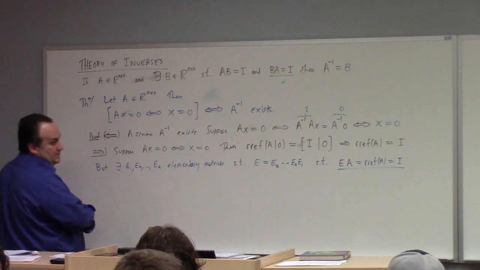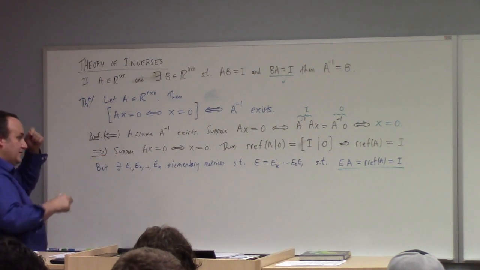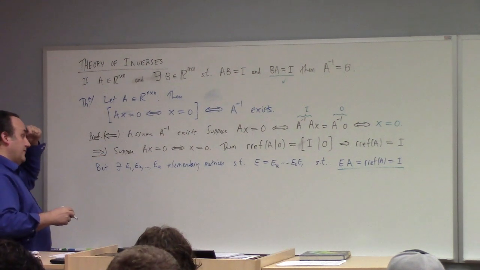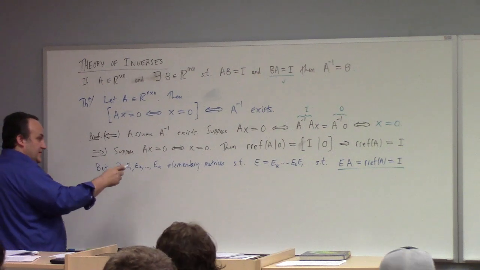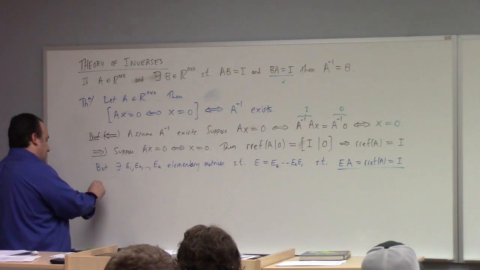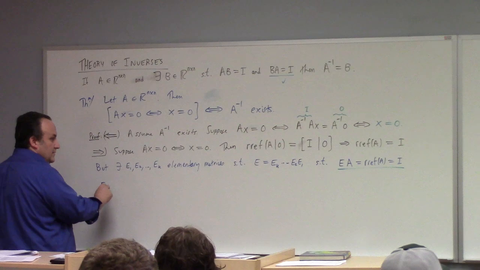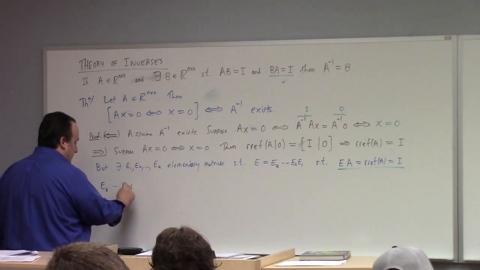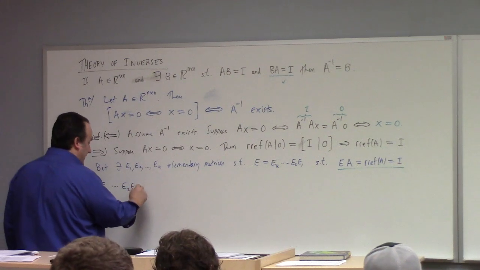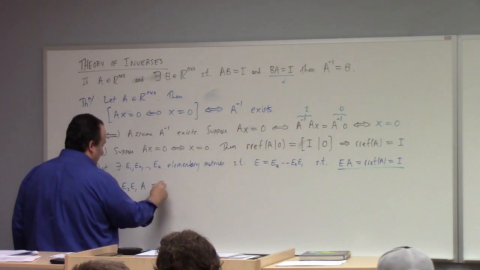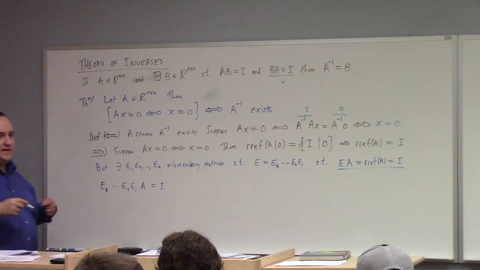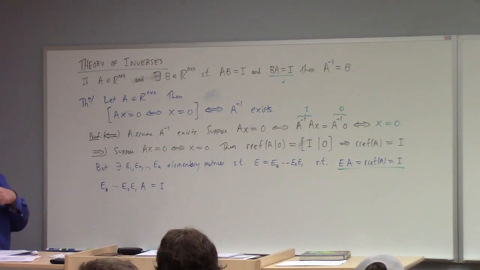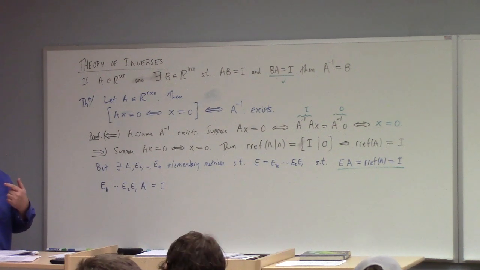So let's not do that. But what we can do is take the equation we already have and rewrite it more explicitly. This is E_k dot dot dot E_2, E_1 times A equals the identity matrix, right? And we already know that every one of these elementary matrices is invertible by our previous discussion.